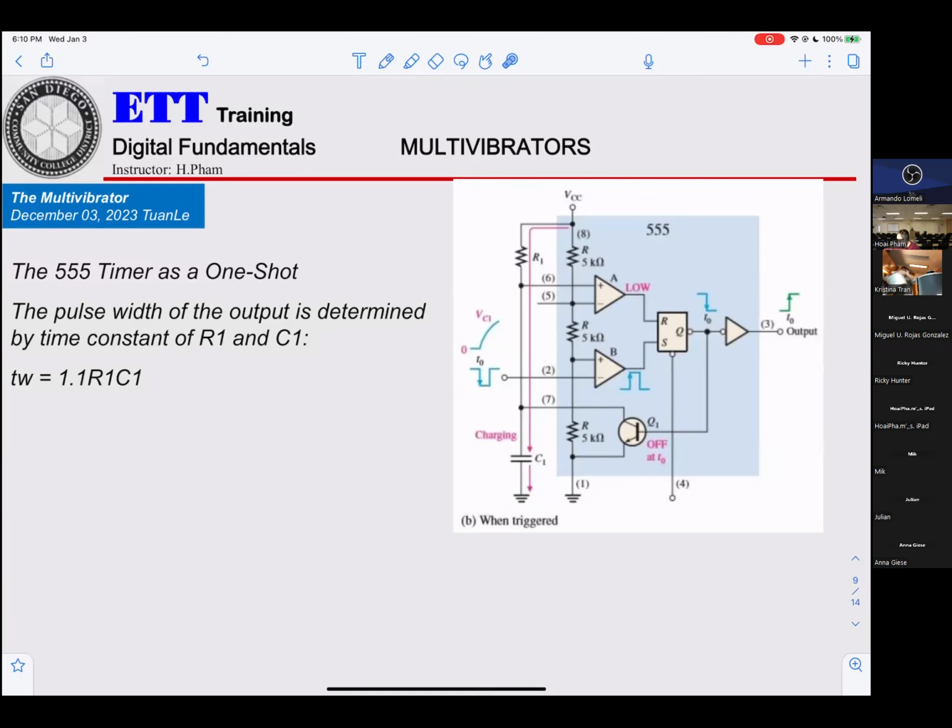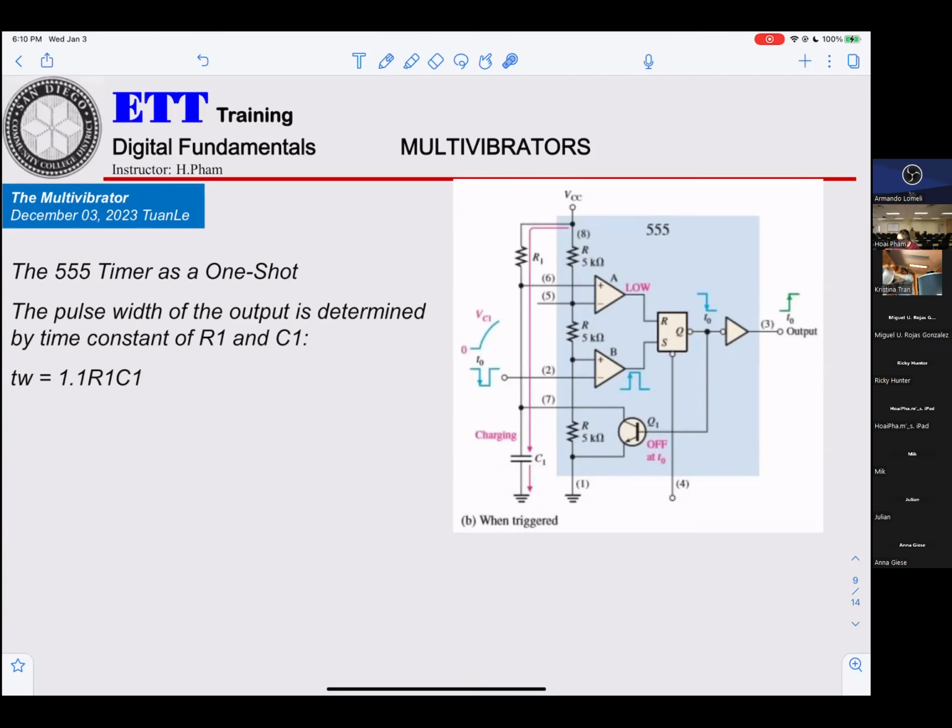And also, they will be telling you, when you get 0 to 1 going up, this one will be high, go to low, and the inverter here will be low, go to high.